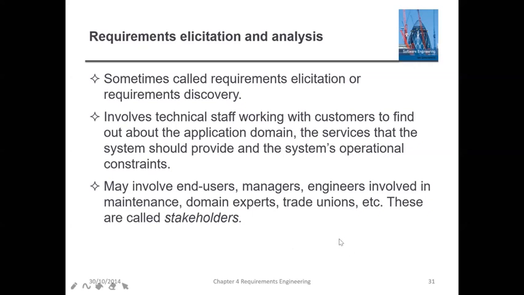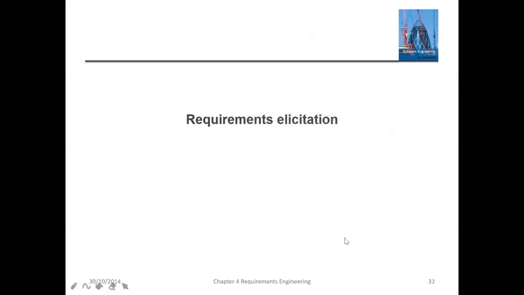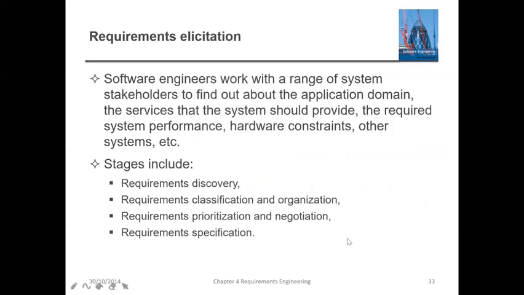Moving to the next slide, you can see requirement elicitation. We will go into detail now. The elicitation stage has a variety of stages. The first one is requirements discovery. The next one is requirement classification and organization.